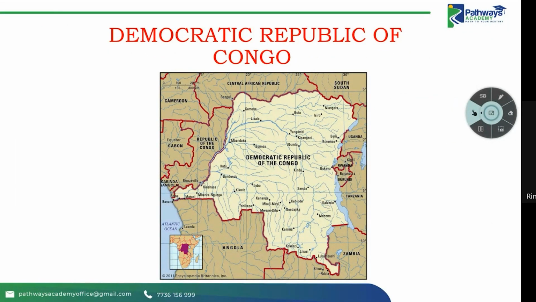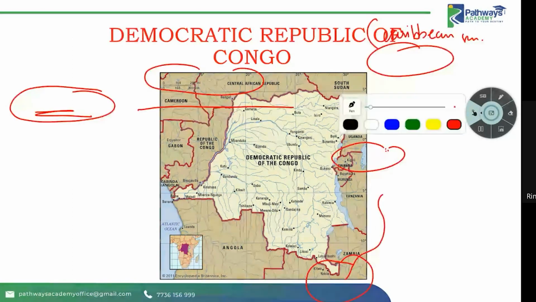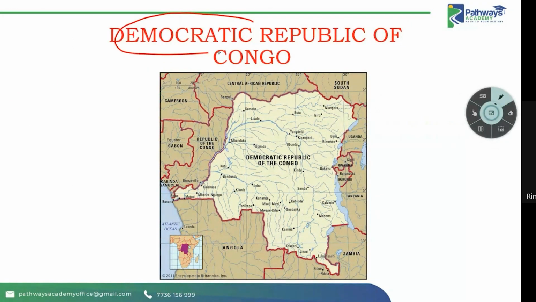Then Democratic Republic of Congo, it's very, very important because last year we got a question regarding cobalt. In the Democratic Republic of Congo lies the most significant plateau of Africa, the Katanga Plateau.